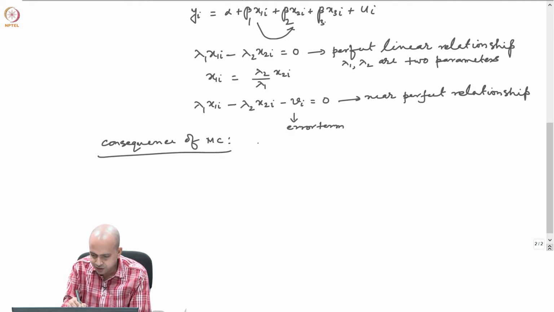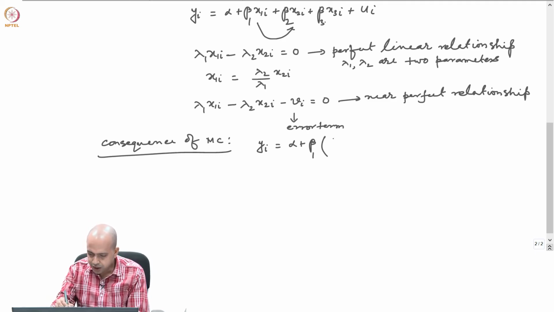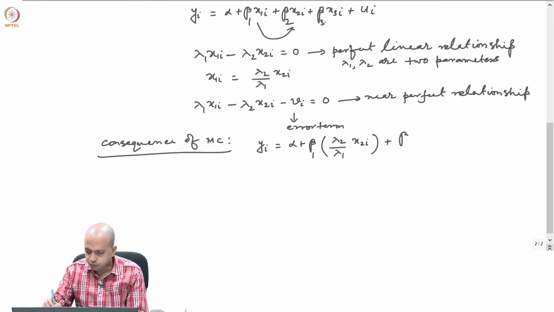Then yi equals alpha plus beta 1 into x1i; in place of x1i, I will write lambda 2 by lambda 1 x2i, plus beta 2 x2i plus beta 3 x3i plus ui.